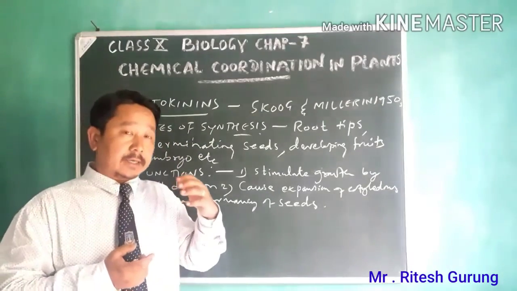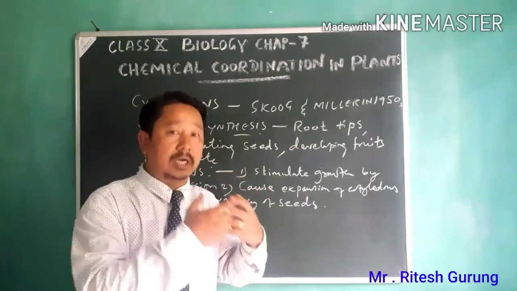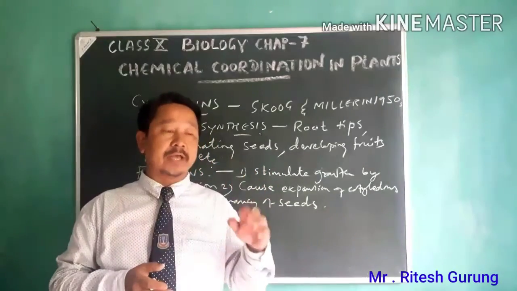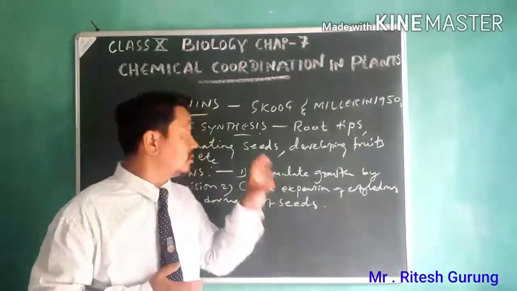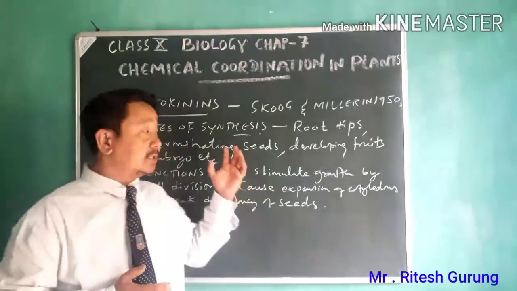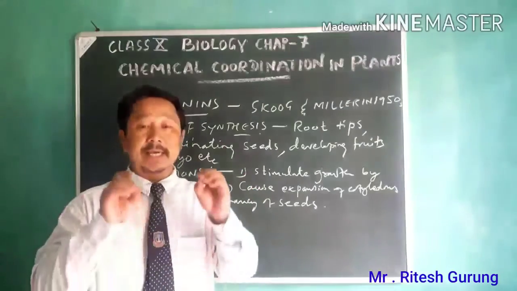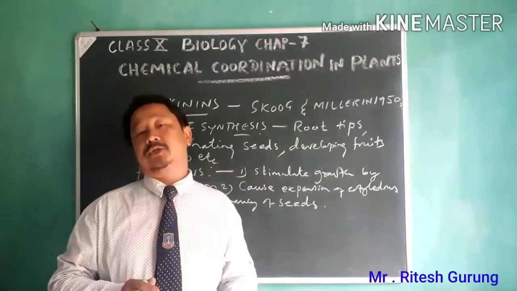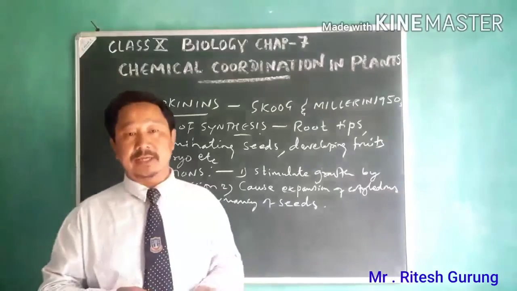When they have to be cultivated, they have to be sown first, and then they will be germinating. For the germination, these cytokinins play a very important role. That means they break the seed dormancy so that the seed becomes active and takes part in germination. That means it promotes germination as well.